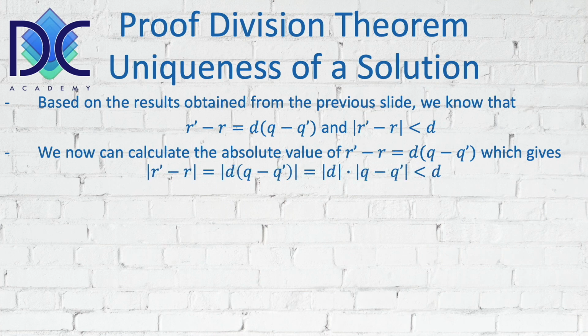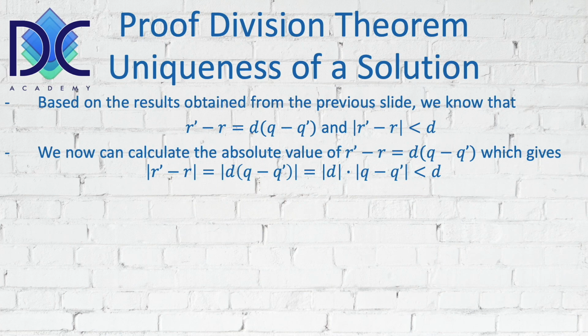We replace R prime minus R by the value that we just found, D times (Q minus Q prime). So the absolute value of R prime minus R is equal to the absolute value of D times (Q minus Q prime), which we can rewrite using the property of absolute values that the absolute value of a product is equal to the product of the absolute values.